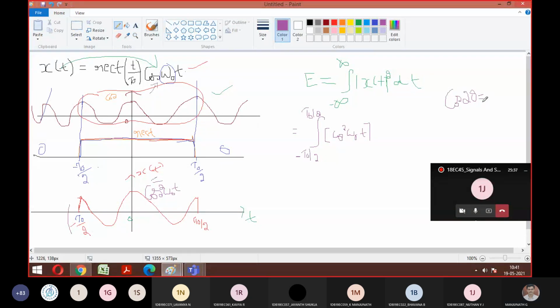So theta is nothing but omega naught t here, so it is 1 plus cos 2 omega naught t divided by 2. This is the formula we are supposed to use. Everyone agree?